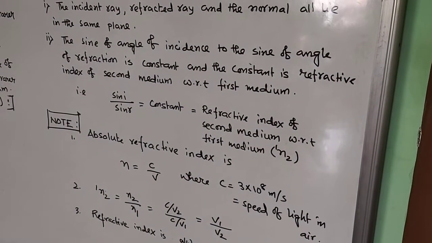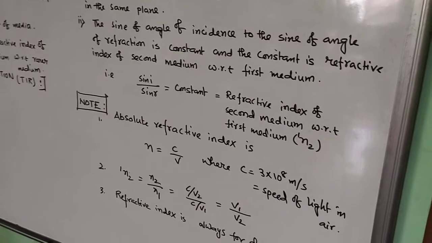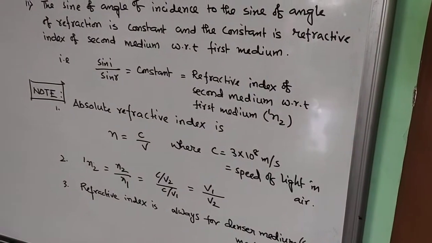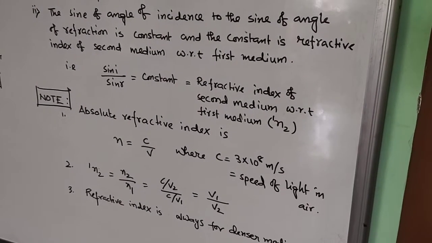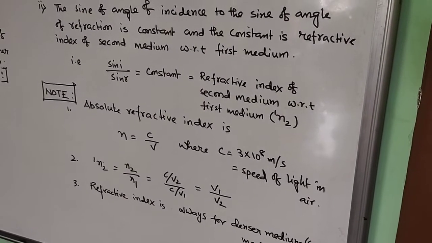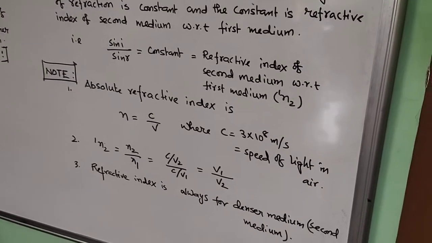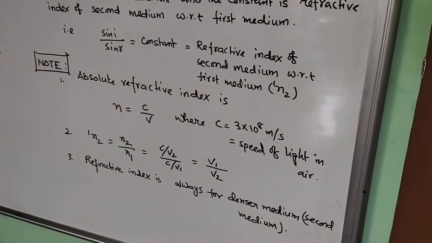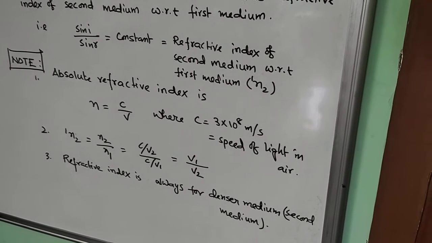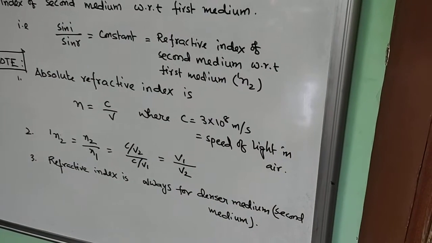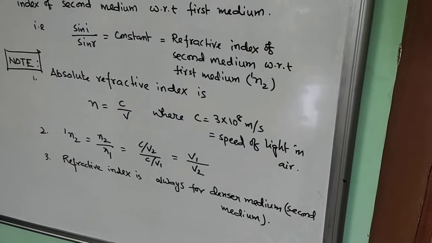Now N21, that is refractive index of second medium with respect to first medium, you can write by mathematics, that is N2 by N1. Now you can apply absolute refractive index formula N2, that is C by V2, and N1 is C by V1. So if you simplify, it is V1 by V2. So this kind of formula is applicable in numericals, that's why I have given here. You can go through the textbook for the related formula.